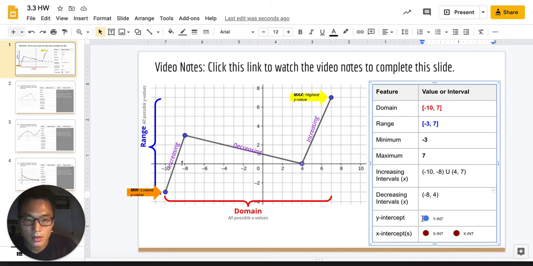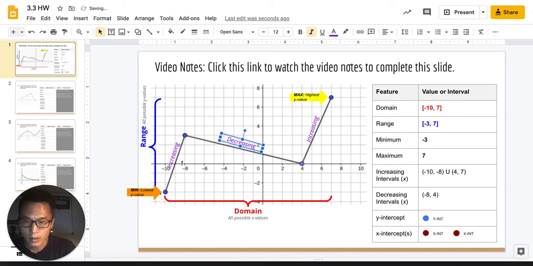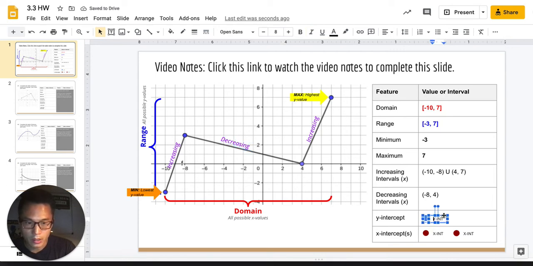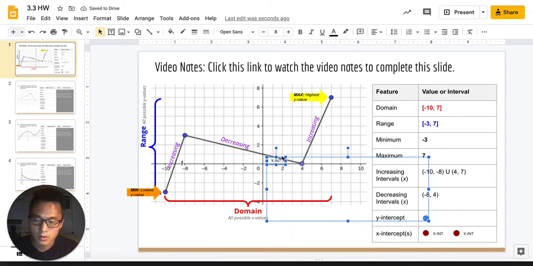Alright, next, the y-intercept. You'll recognize that term. That's where the graph touches the y-axis. Right, it's when x is 0, where is the function? Let's go ahead and drag the y-intercept label.